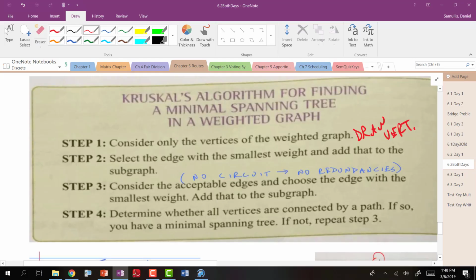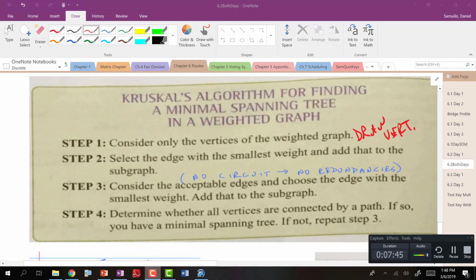And then step three: keep selecting the smallest weight available, avoiding redundancies, avoiding any circuits, and keep doing so until all vertices are connected. That's really as simple as I can make it as far as what they say here.